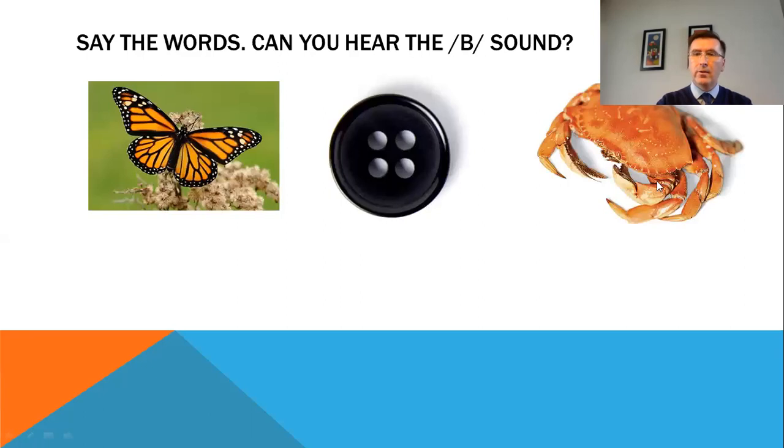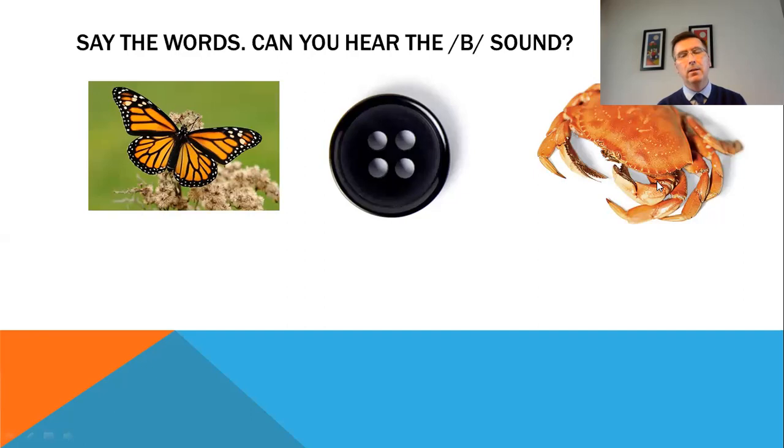So this is another exercise that you can do, and you have to say the words. Can you hear the B sound? I will help you. In the first picture, we can see an insect. Butterfly. Can you hear the B sound? Where is it? At the beginning? In between?